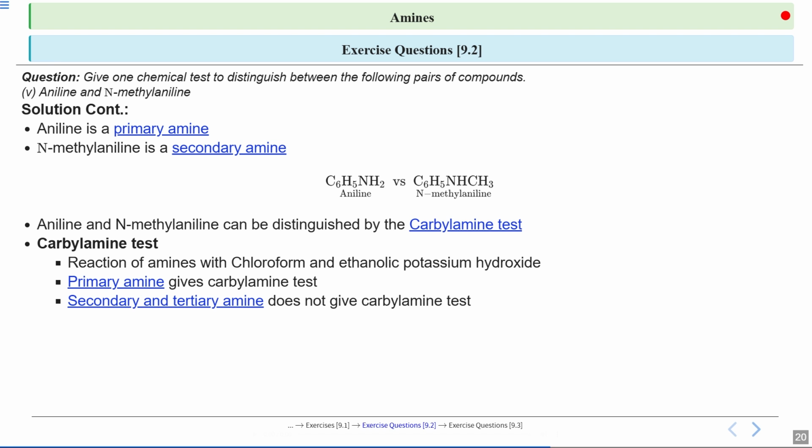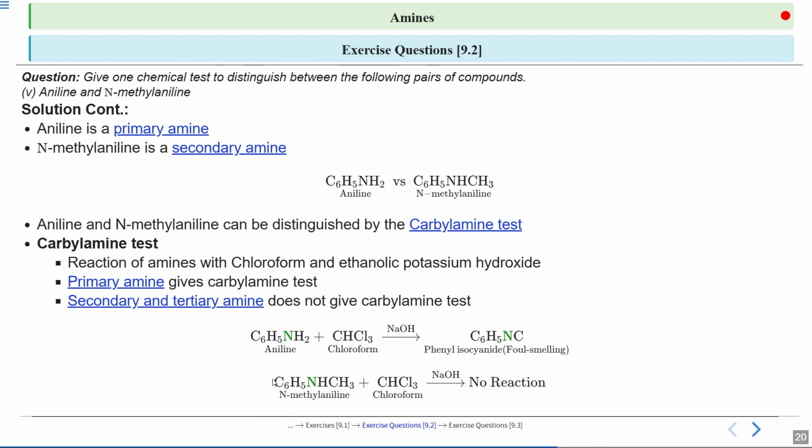So this is aniline, which is a primary amine. When you react it with chloroform in presence of NaOH, you will see a phenyl isocyanide, which is foul smelling. And if we react N-methyl aniline, which is a secondary amine, with chloroform, you will get no reaction.